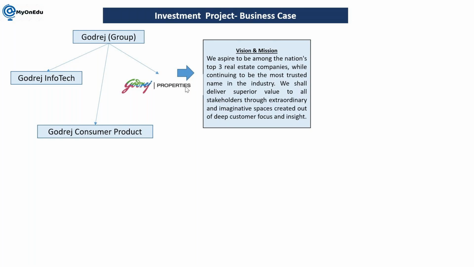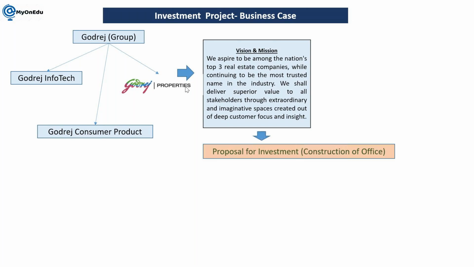Generally in companies, objectives are vision and mission. Along with that, we have strategic objectives of the companies, and then business rules to achieve those strategic objectives. So whenever we submit any proposal, it has to be aligned with the objectives of the company, meaning it is supposed to support the vision and mission of the organization.